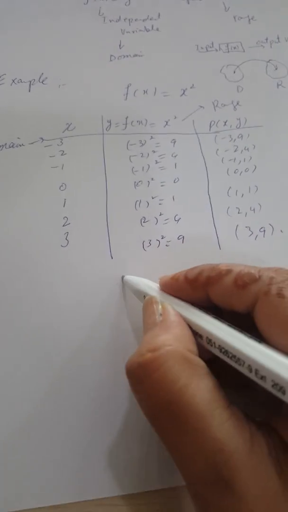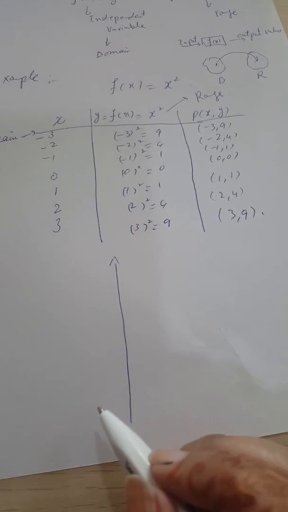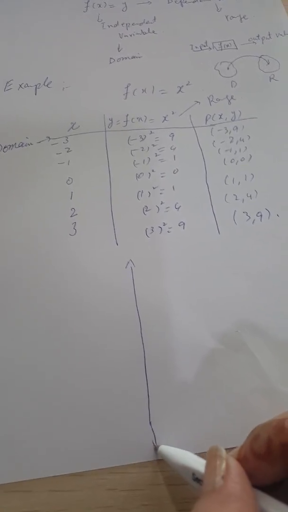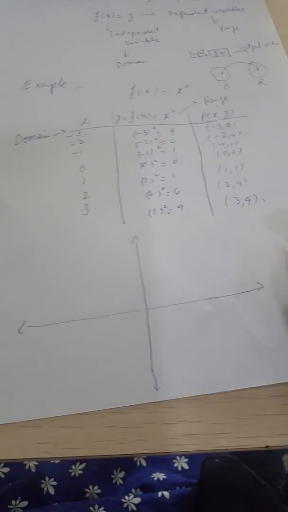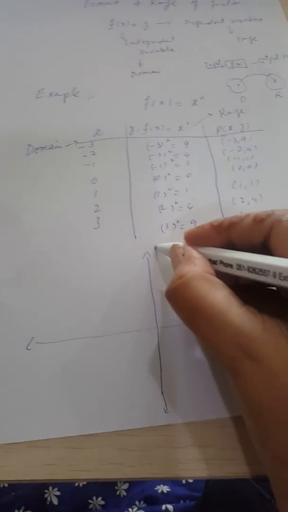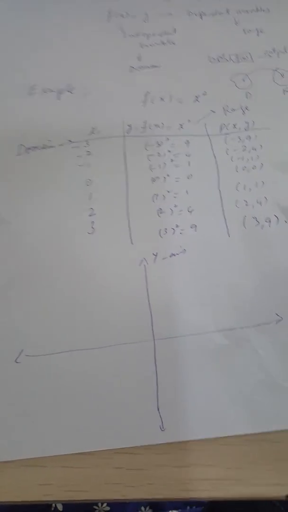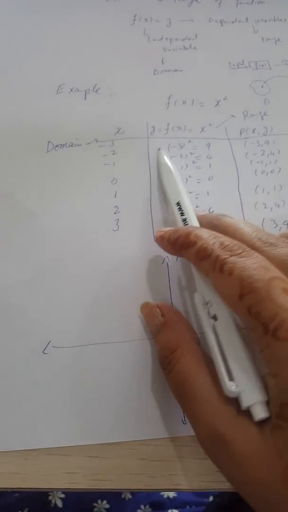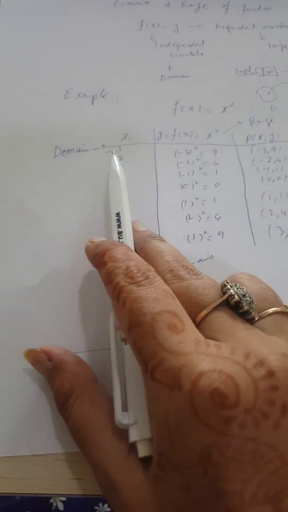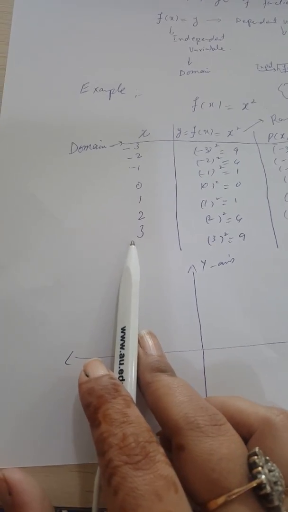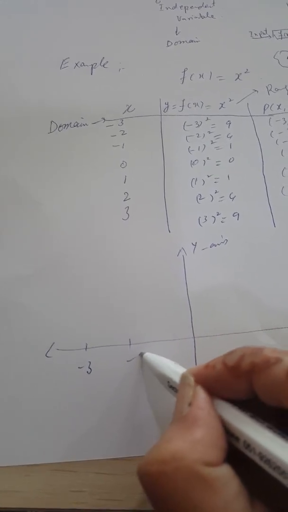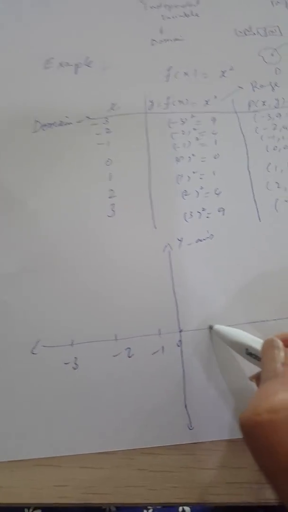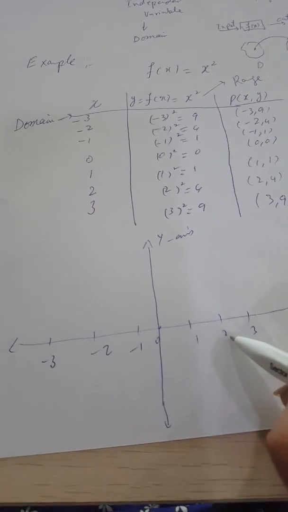Now I have to draw it on a graph. X-axis and y-axis. The domain will be drawn on the x-axis and the range points on the y-axis. The x points have a maximum of +3 and a minimum of -3, so I will write -3, -2, -1, 0, 1, 2 and 3.